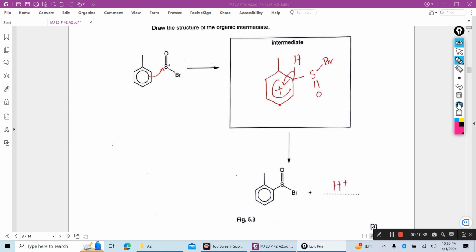When hydrogen goes, the bond re-enters the ring and delocalization of pi electrons reforms. It is temporarily disrupted but then reforms, so the product becomes stabilized. That's why substitution reaction happens here. This is the reaction mechanism.